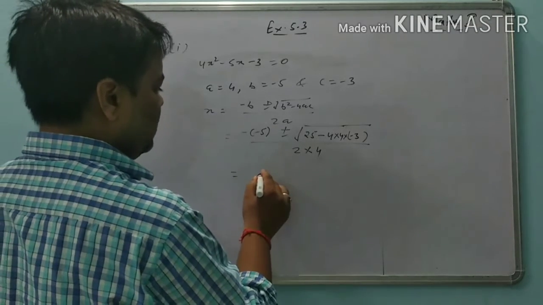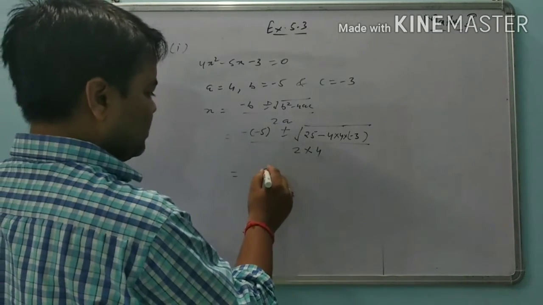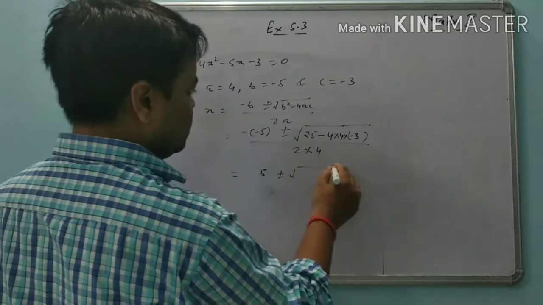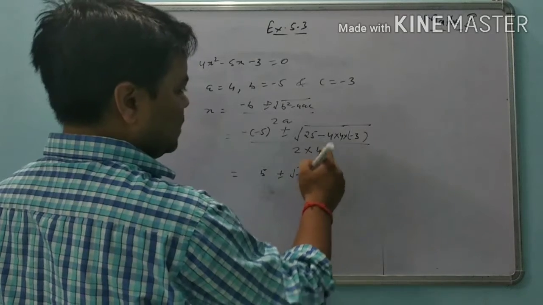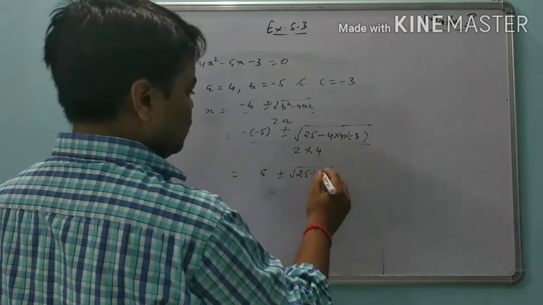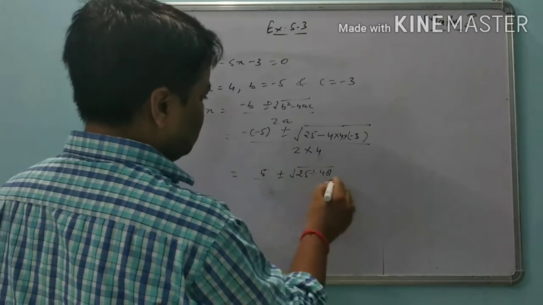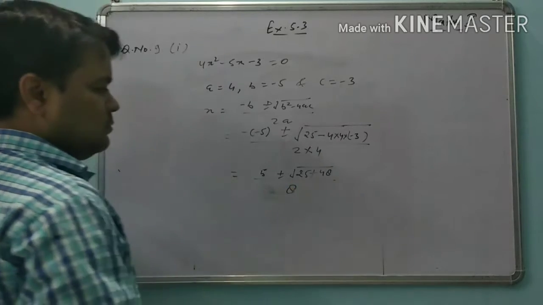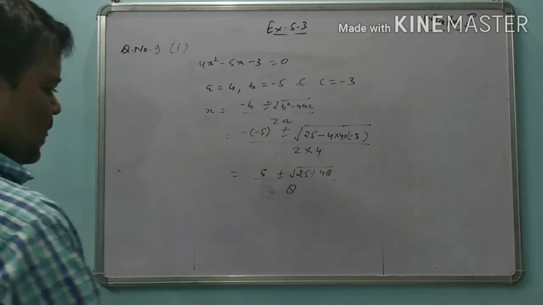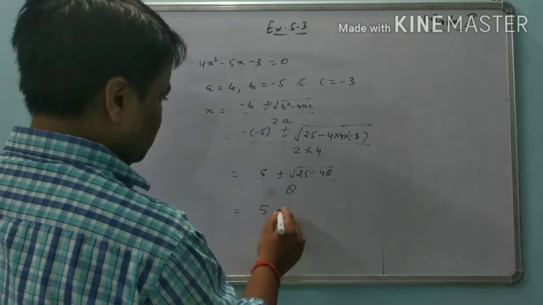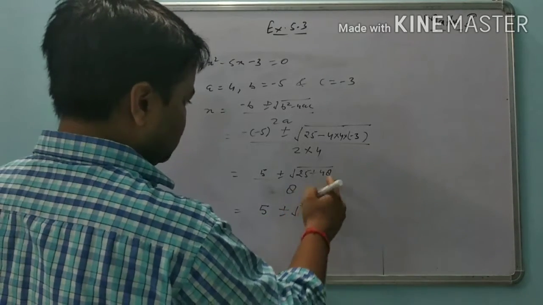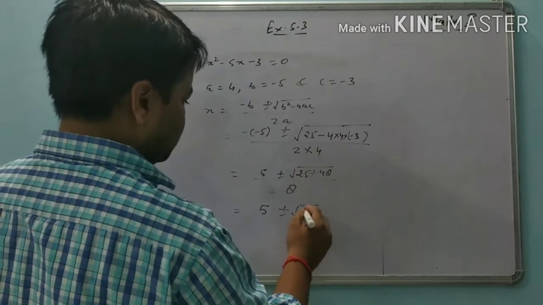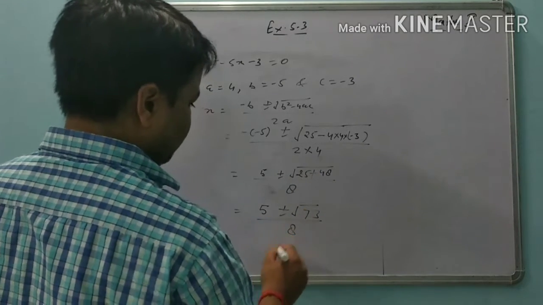Then its value will be minus of minus will be plus 5 plus minus under root 25, minus of minus will be plus, 4 times 4 times 3, that is 48, upon 8. Its value will be 5 plus minus under root 73 upon 8.